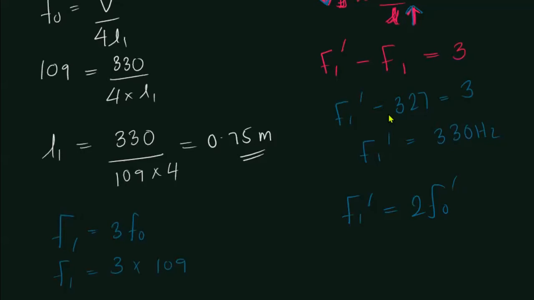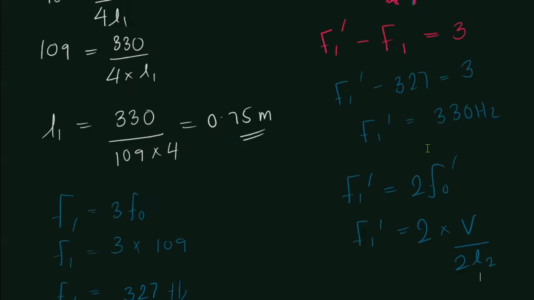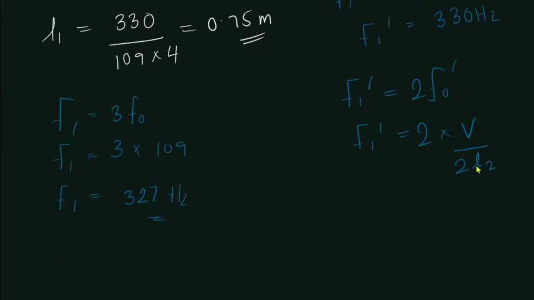So f1 dash can be written as 2 times f naught. How do we write the open end f naught in open tubes? It is V over 2L. So let's say this is L2, so 2L2. So this cancels. F dash is 330 hertz. Sorry.